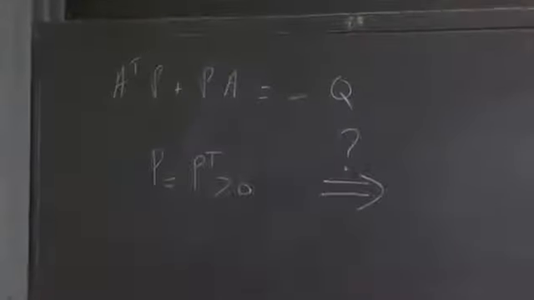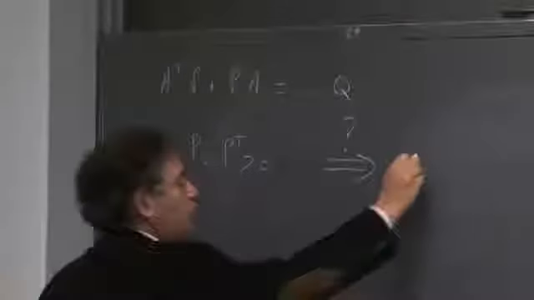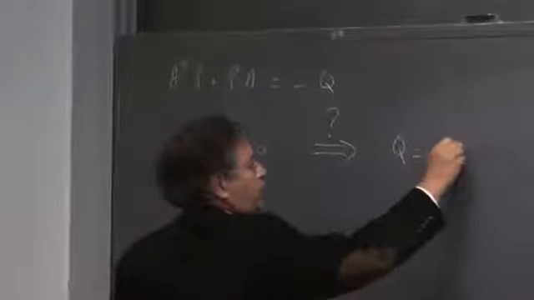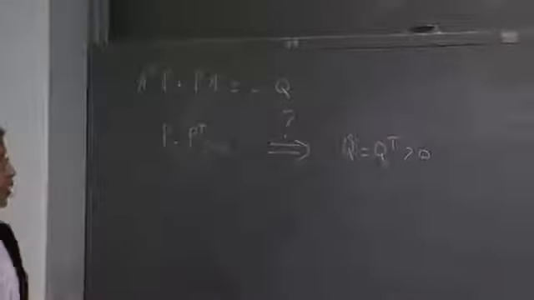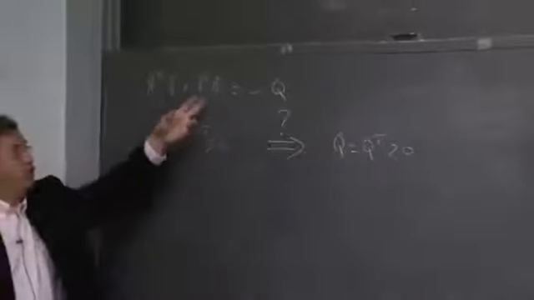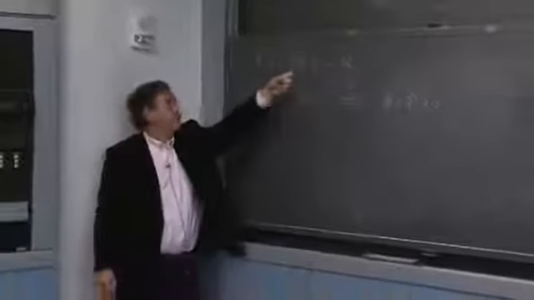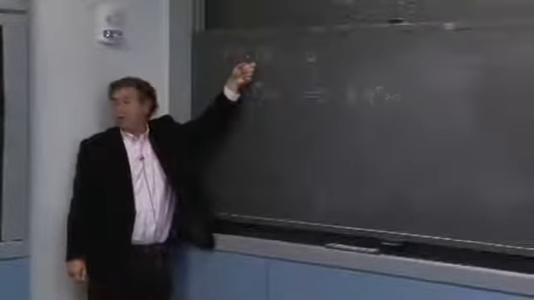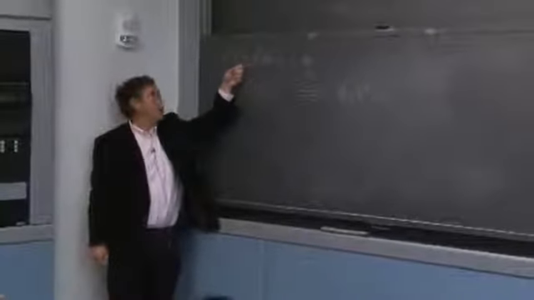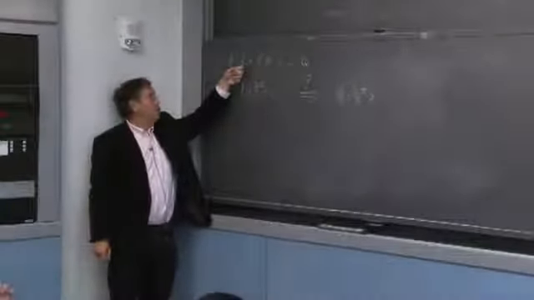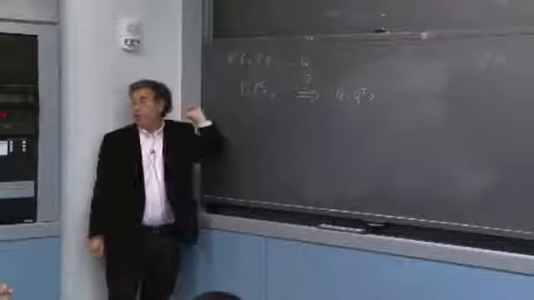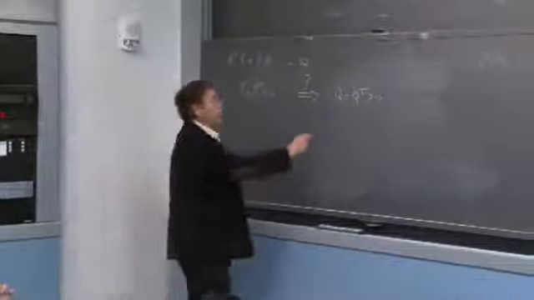Does it imply that Q is also positive definite? Well, first of all, it's very easy to see that Q is symmetric. If you take the transpose, you get A transpose P transpose, but P is symmetric, so A transpose P plus P transpose, which is P times A. So Q is symmetric.